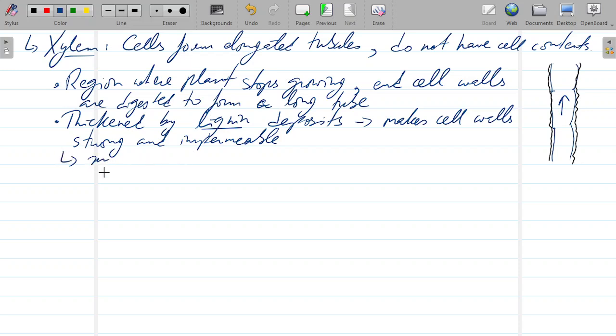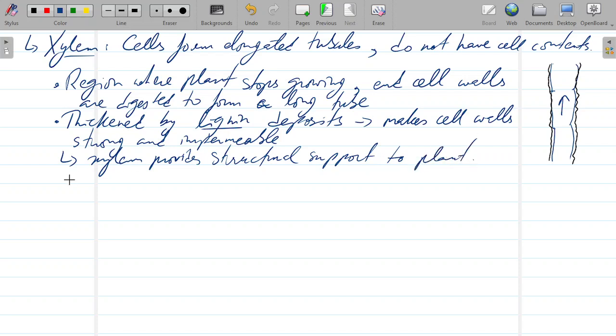One is the xylem provides structural support to the plant, and because they're impermeable, they do not allow water and nutrients to pass to the outside. So when they're traveling up the xylem, they're not going here and there.